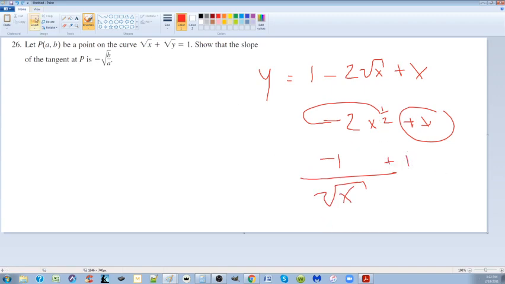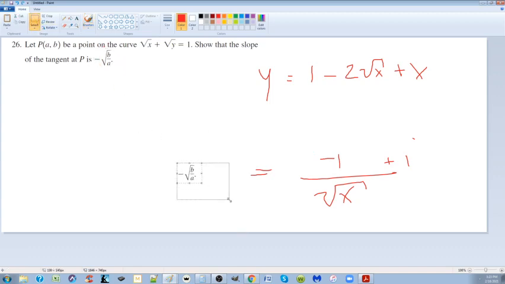Now they're saying, prove that for point A and point B, that this whole thing is going to be equal to this. All right. That means if I substitute x up here, it's equal to that.